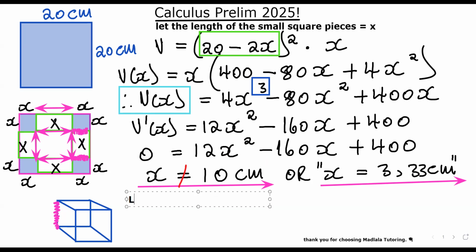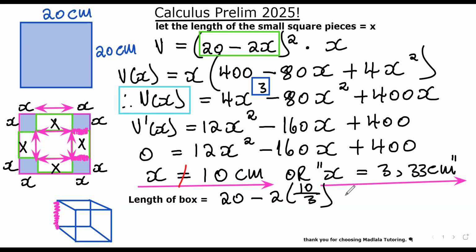So here you can conclude and say, therefore, the length of the box is going to be given by what? Easy. You'll say it's going to be 20 minus 2 into x. Please substitute it as 10 over 3 in order to get an accurate answer. So when you do the thing, you find that the length of the box will be 13.33 centimeters.